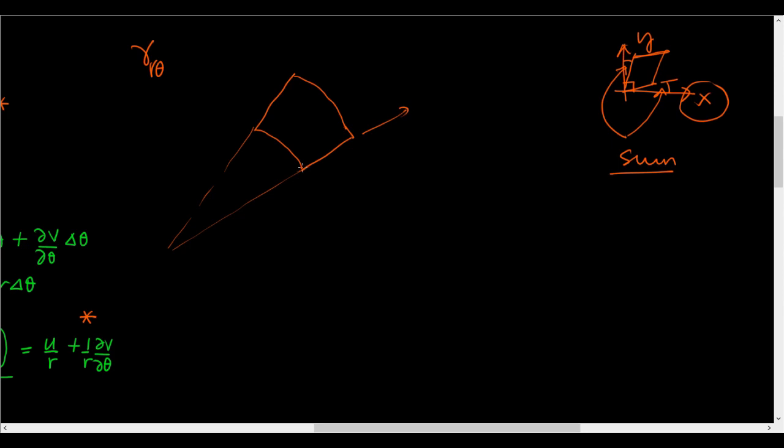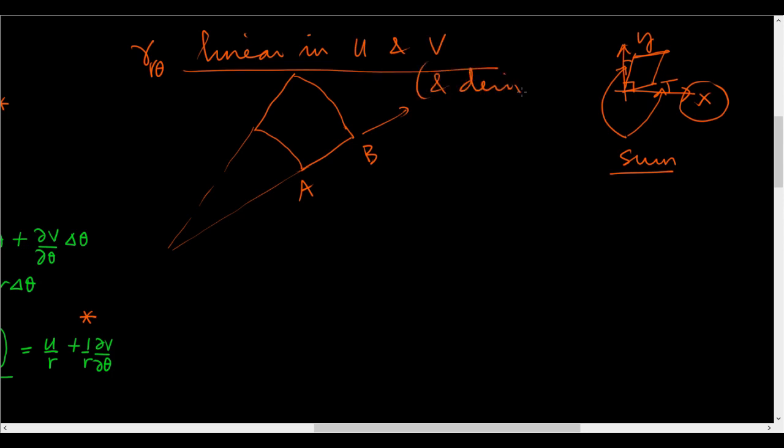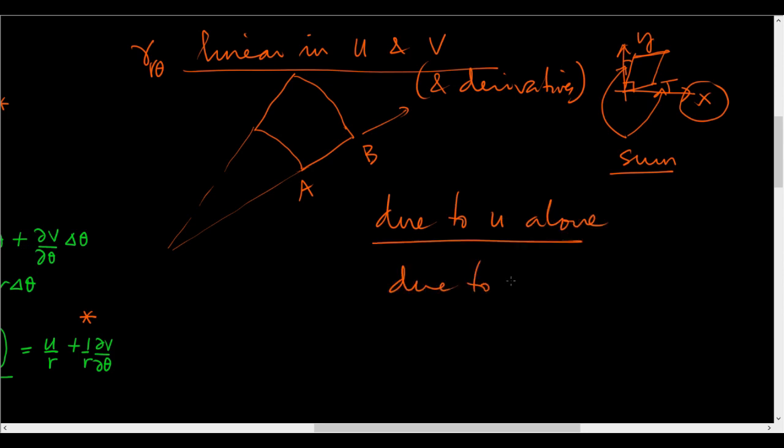That means we are looking here, at point A. Now it is simpler if we think of gamma being linear in u and v and their derivatives. Due to u alone we can find whatever it is, due to v alone we can find whatever it is, and we can add them up. This makes it conceptually simpler.